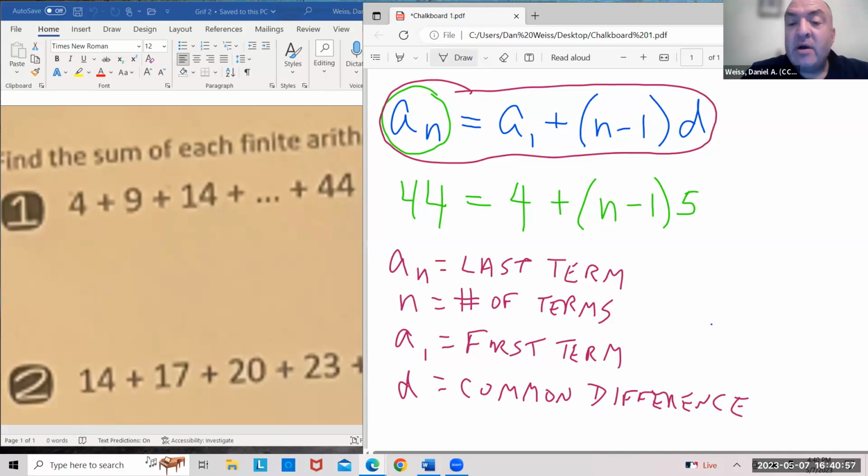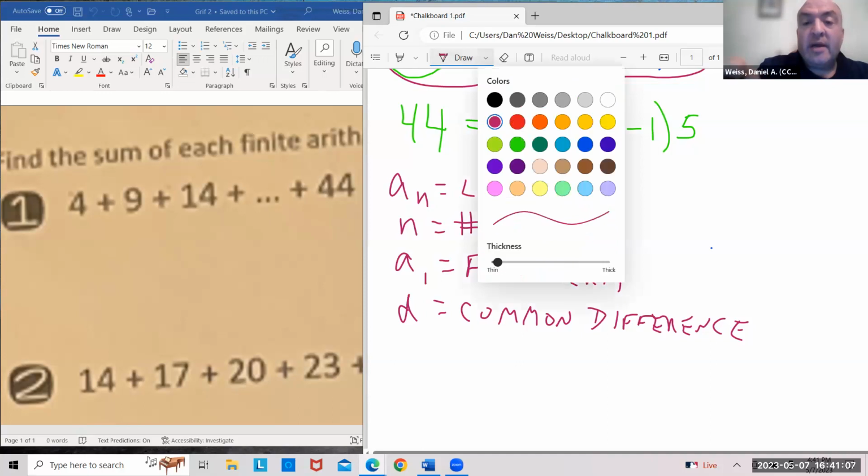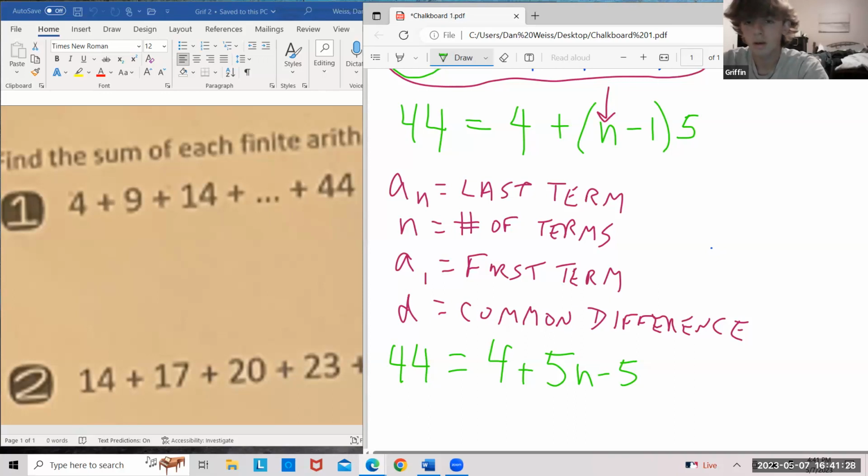So now I'm going to solve for this n right here. Here I go. 44 equals 4 plus 5n minus 5. Do you see what I've done? I've just distributed that 5. Okay.